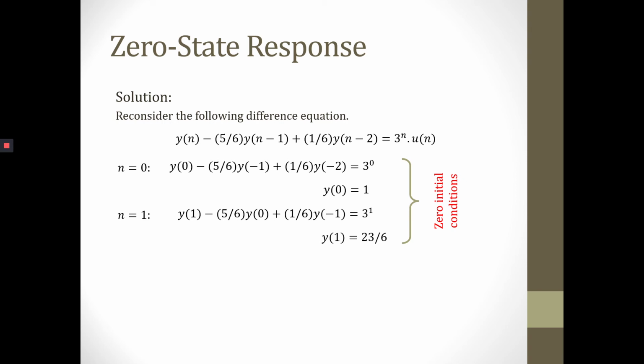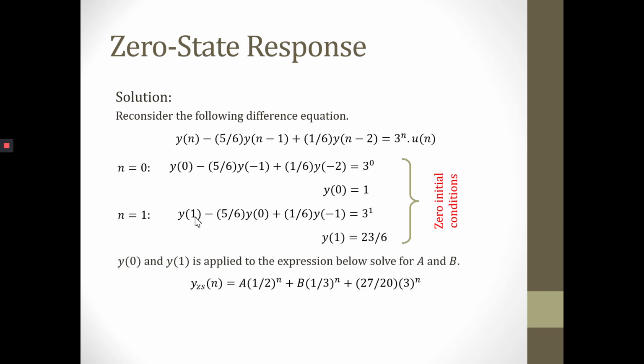Based on y(0) and y(1), we can go back to the zero state response, which is equal to the homogeneous solution plus the particular solution, where y(0) equals 1 and y(1) equals 23 over 6.